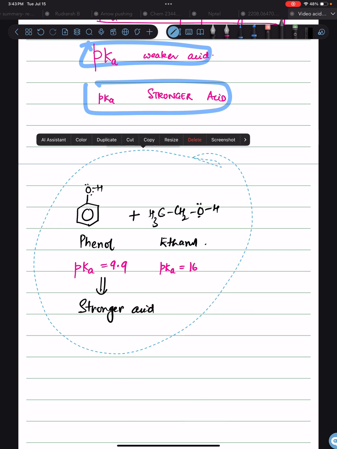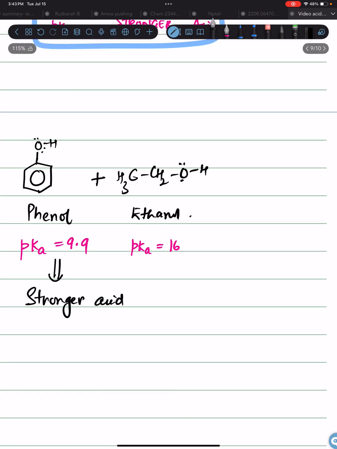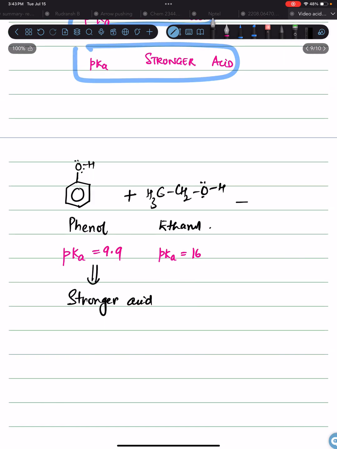Fine. So the reaction would take place where phenol will act as an acid. So phenol will give its proton and become phenoxide ion, while ethanol would get it, so I'm writing it down here.